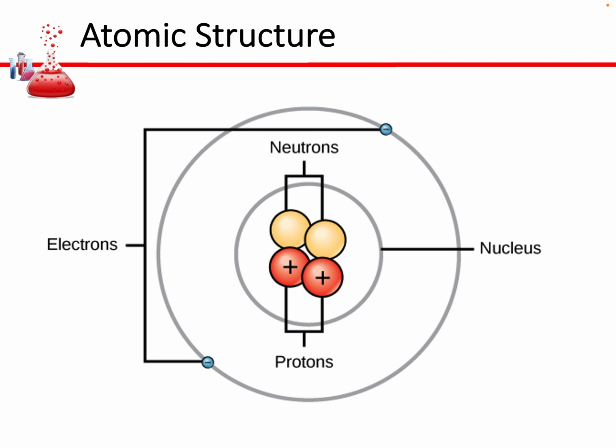So an element is determined by its number of protons, and this is called the atomic number, and it's given the letter Z. So your Z number is the number of protons, and that is the definition of that element. So your number of protons determines the element.